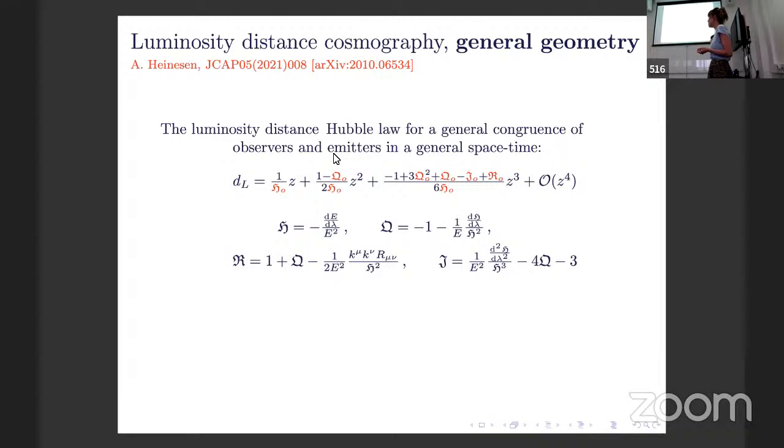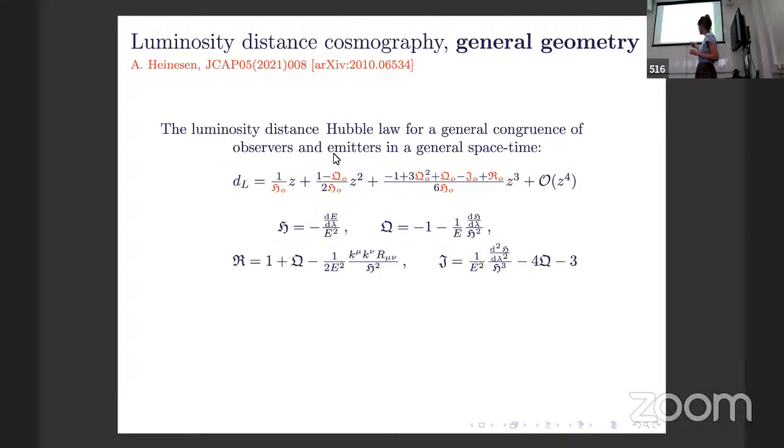I've assumed that photons are traveling on null geodesics, and that Etherington's reciprocity theorem holds for relating luminosity distance to angular diameter distance. But we also need to assume that luminosity distance is a well-defined function of redshift. This adds some regularity requirements as well, but otherwise we've assumed nothing about the underlying space-time geometry here.